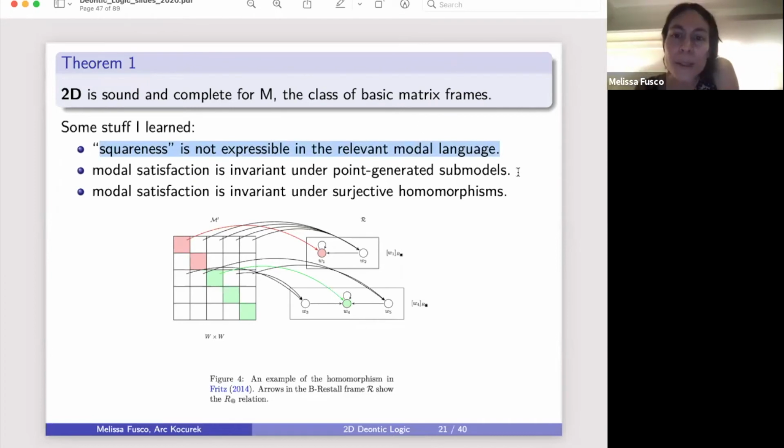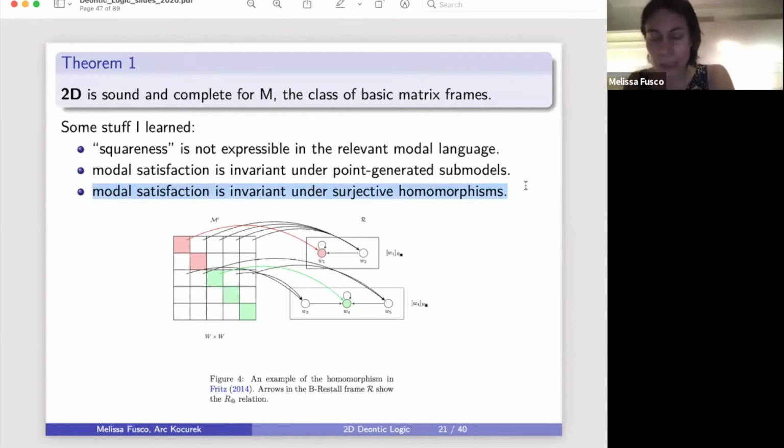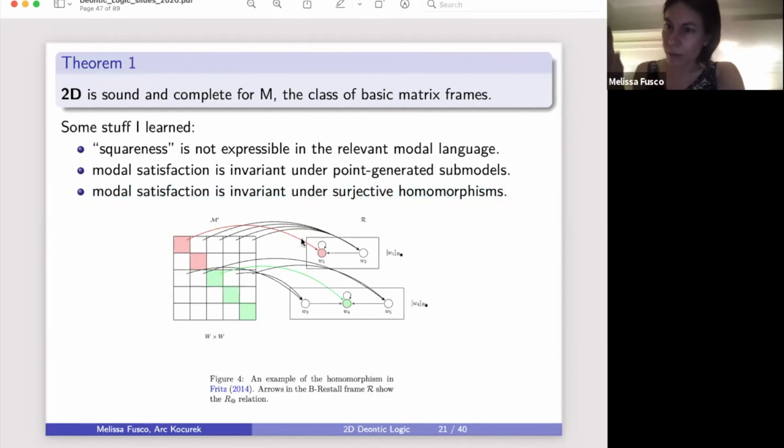But we're using 2 results. One is modal satisfaction is invariant under point-generated submodel, so that's why I'm considering this class, which he calls a rest-all frame, after some work Greg did. And also that modal satisfaction is invariant under surjective homomorphisms. So once you have this, the point-generated rest-all frame, you can create, these boxes represent the sort of those S5, the cells of the S5 relation that you get with the box, the metaphysical box.